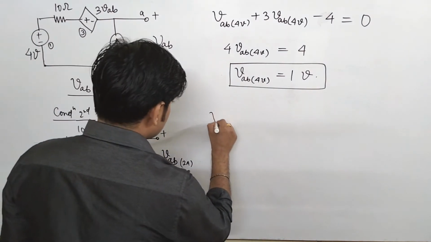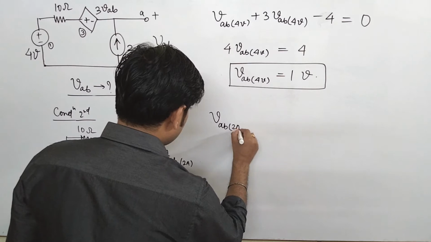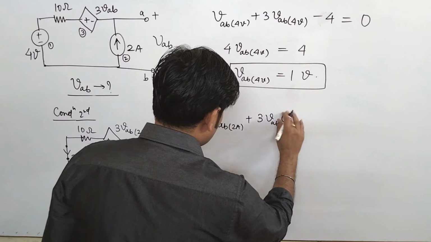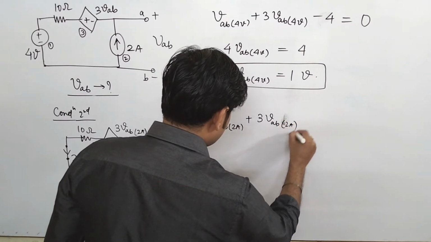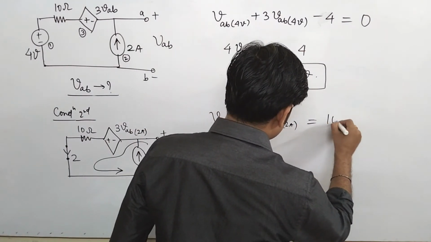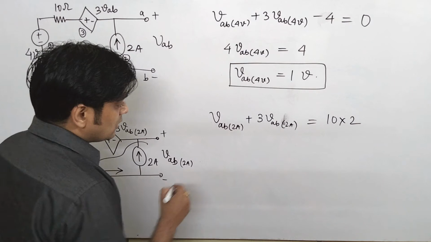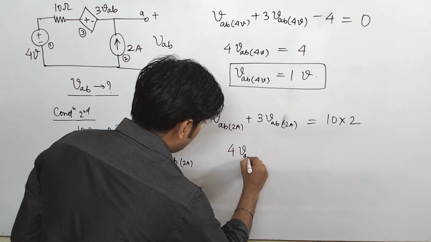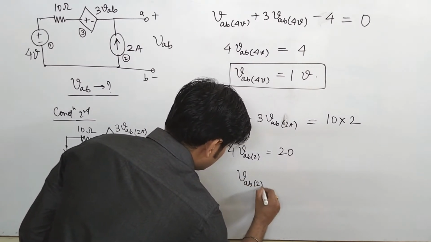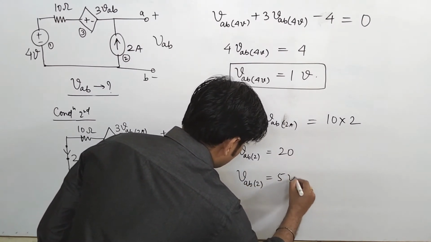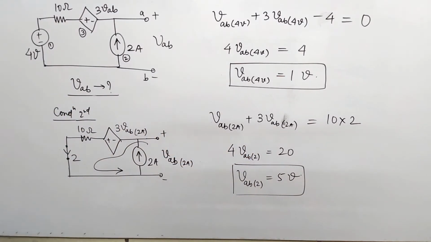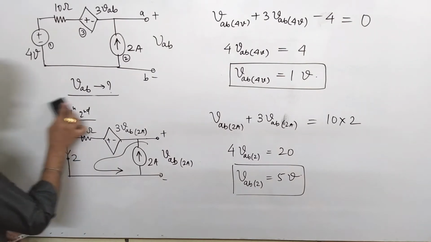By applying super mesh, VAB minus 2 plus 3 VAB equals 10 into 2, because there is no voltage source and this is due to the 2 ampere current source. So 4 VAB is 20, or you can say VAB because of the 2 ampere current source is 5 volt. So this VAB2 is 5 volt.